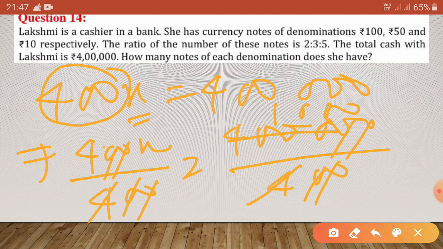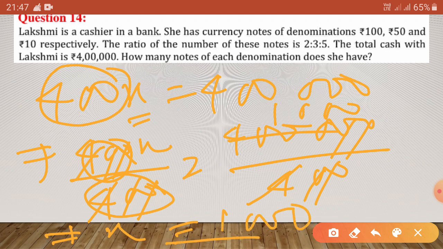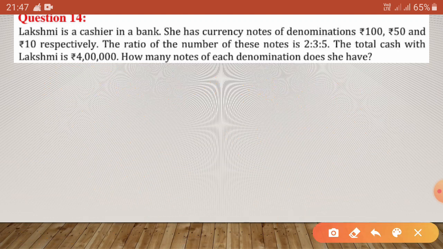On the left side it gives us x, as 400 cancels 400, and here we got 1000. So ultimately we got the value of x is 1000. So here x is equal to 1000.